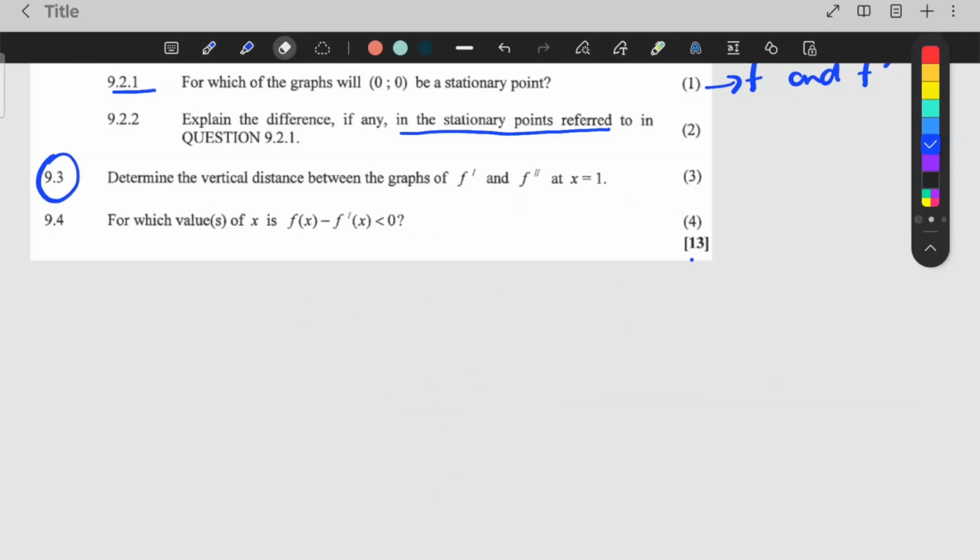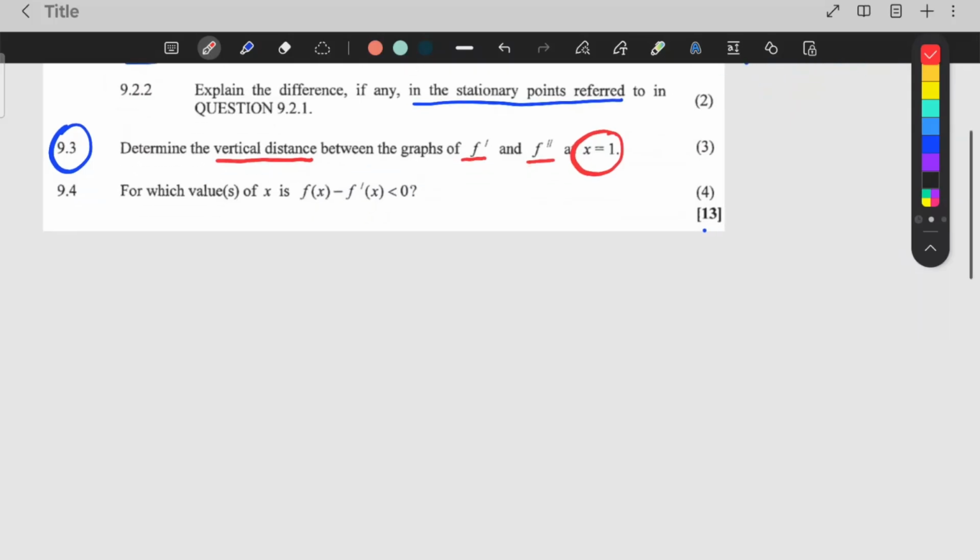9.3 says, determine the vertical distance between the graphs. So the vertical distance between the cubic and the straight line where x is 1. Okay, so what are we going to do here? We've worked it out: f of x was 3x cubed.